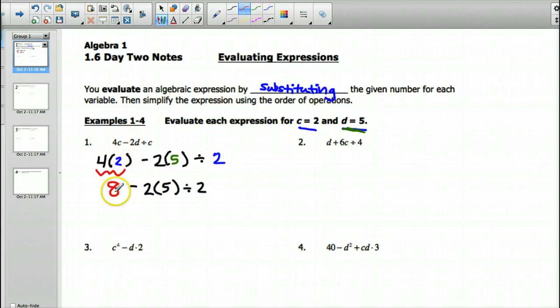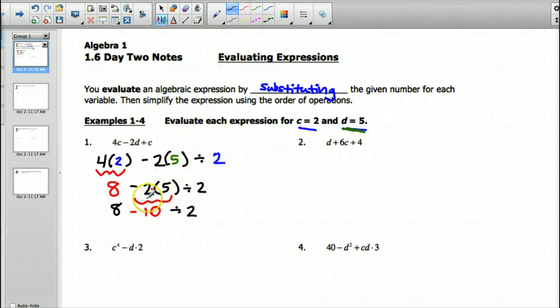If I move left to right, next I see multiplication here, negative 2 times 5. I'm not going to do any subtraction yet. I'm going to keep that 8 where it is, but I'm going to multiply my negative 2 and my 5 to get a negative 10. So I get 8 minus 10, then I've still got my divided by 2. And lastly, I have some division here.